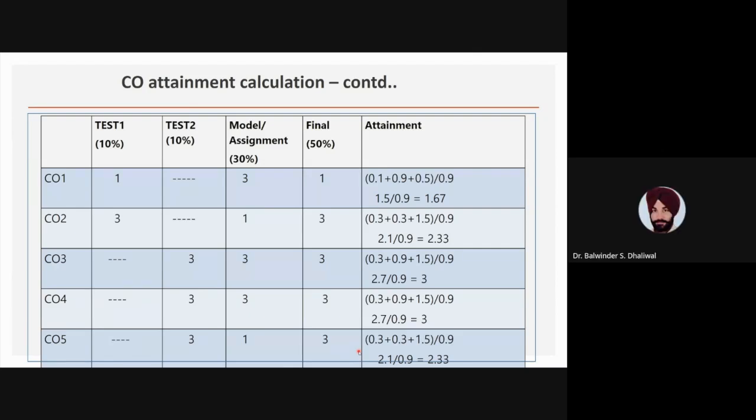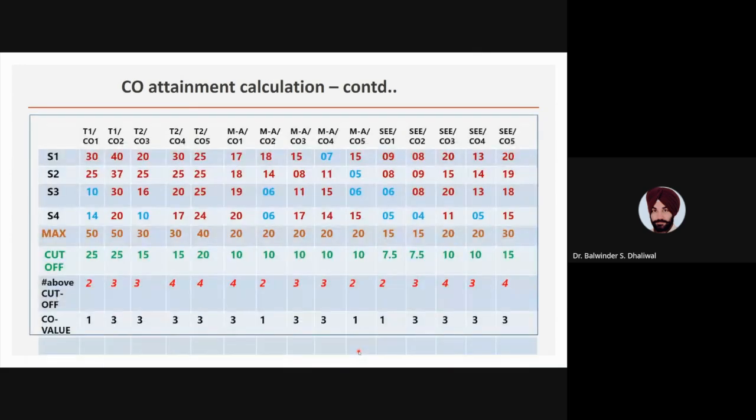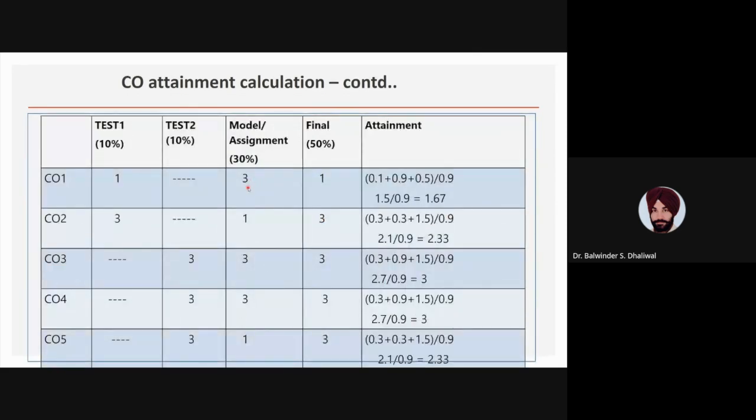This 3 is coming from the previous table. For CO1 model assignment, we have seen that the CO value was 3, so this 3 is going into this particular cell for CO1. All these values which I have written are coming from the previous table. Any other query?